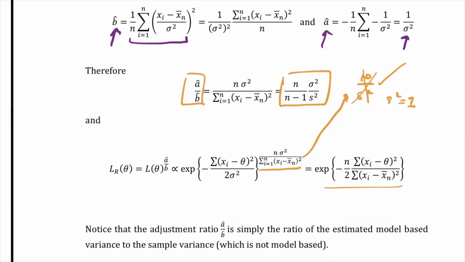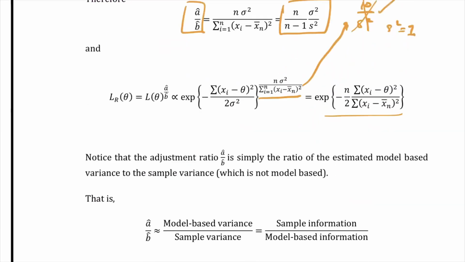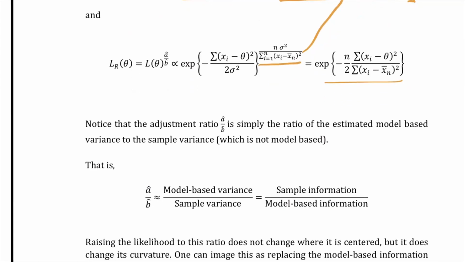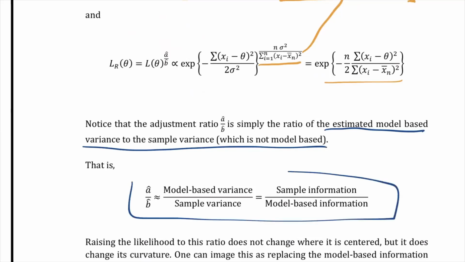So the take-home message here is that the trade-off, the adjustment ratio, A over B, is simply the ratio of the estimated model variance to the sample variance. That's it. So all you're doing is computing the model-based variance relative to some robust estimate based on the sample, and you want to adjust these things.